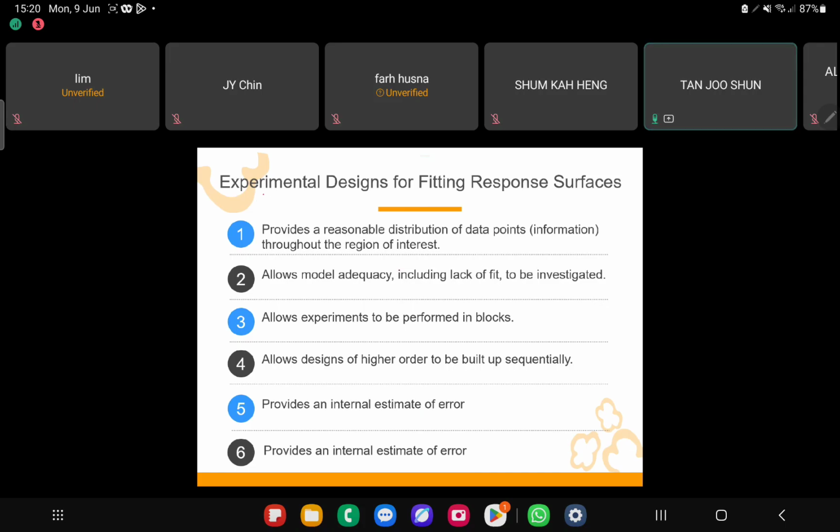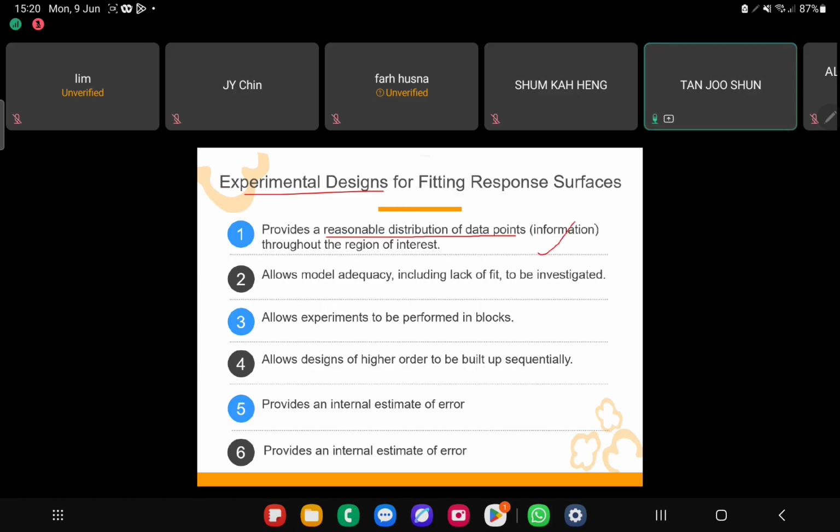Experimental design: this is not important. It just provides a reasonable distribution of data points.